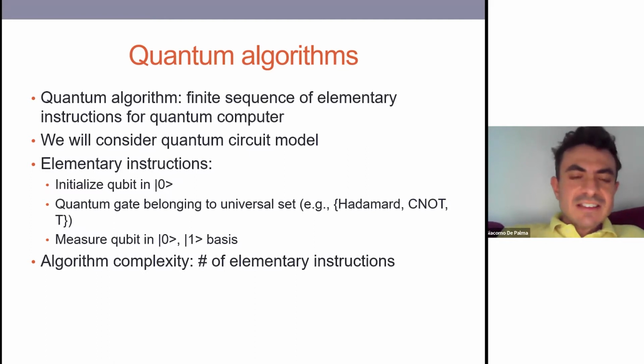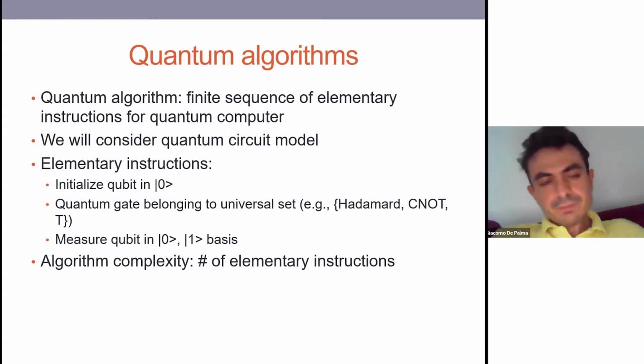Actually, there are several possible choices of the set of gates that can be applied. They also depend on the hardware that you have. But usually, if you make a reasonable choice, the number of gates that you need for a given algorithm does not depend too much on the choice that you have made.